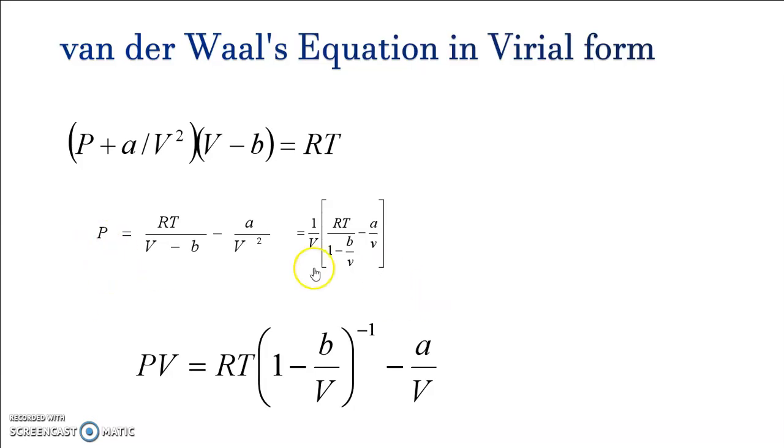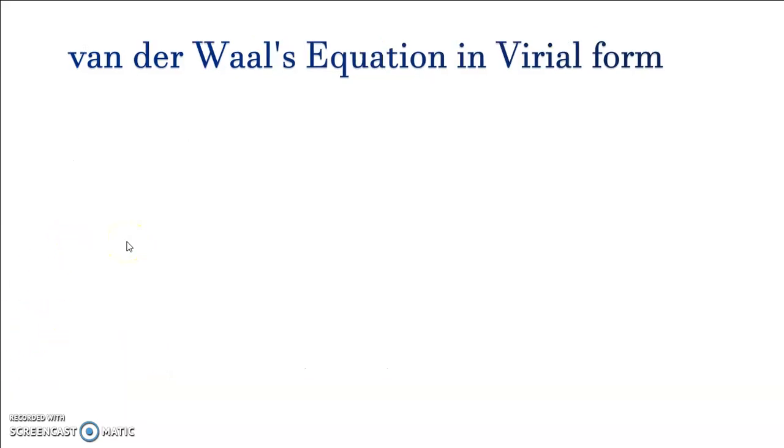Then what will be the PV? Equal to RT into 1 minus b by V raised to minus 1 minus a by V. We know a theorem: 1 minus x raised to minus 1 equals 1 plus x plus x square plus x cube plus etc. You may have studied it in your degree classes or plus 2.